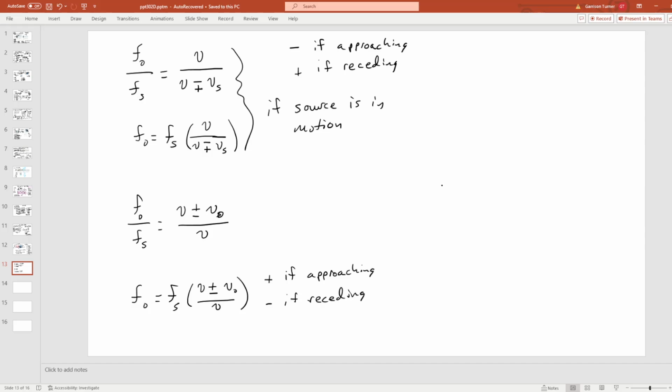And so if we put all of this together, then it turns out that we can generalize these two results. And we can write this as one expression.